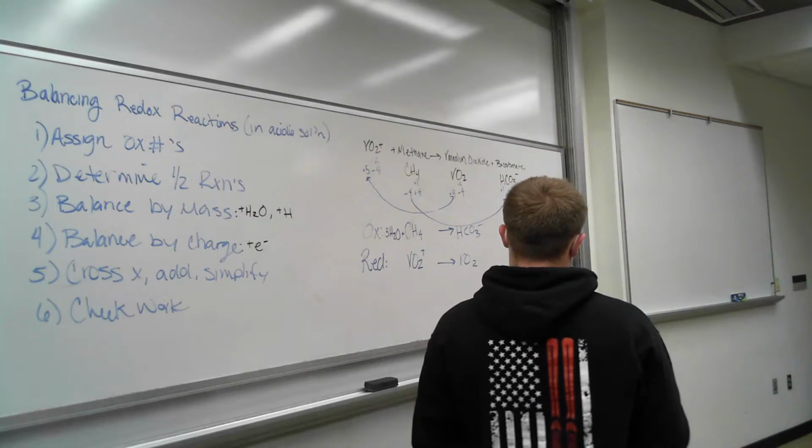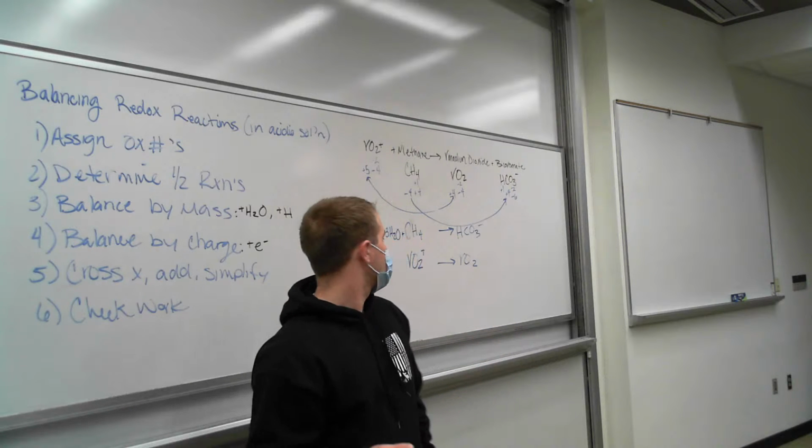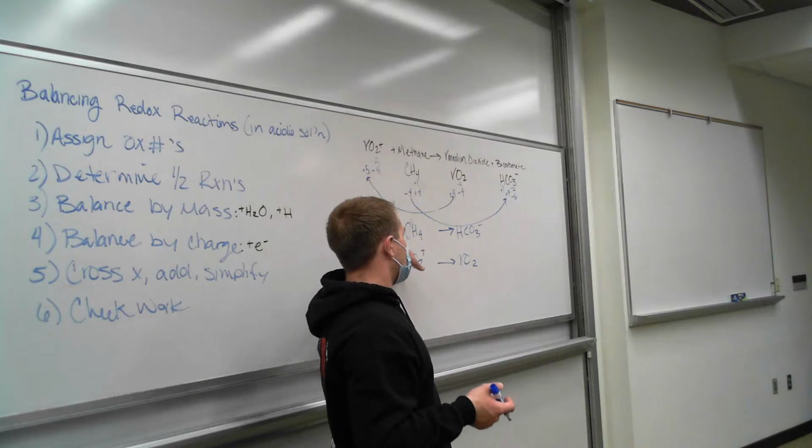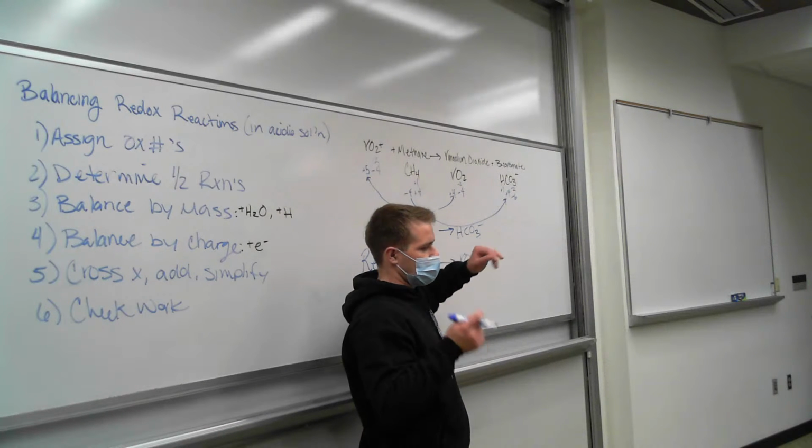Next, our carbons are balanced, our oxygens are balanced, we have to balance our hydrogen. We have 6 and 4, so we have 10 here and 1 there. So what do we need to do?